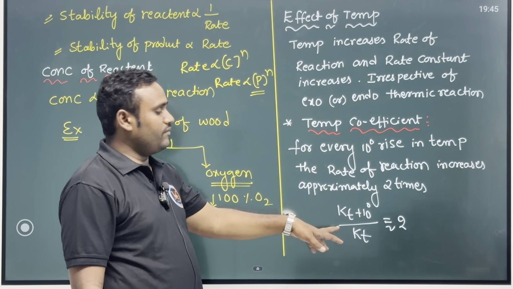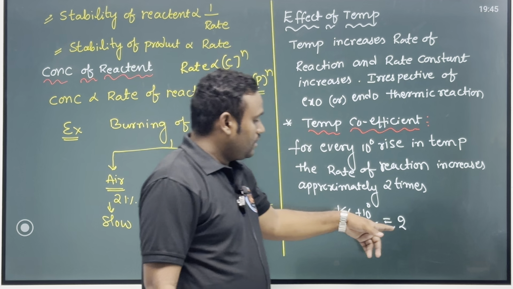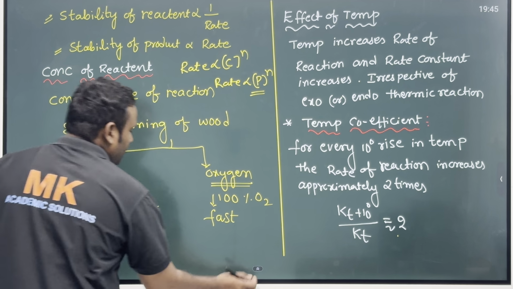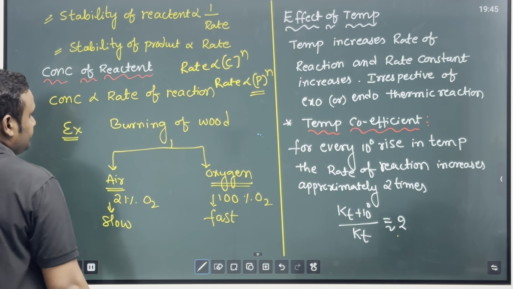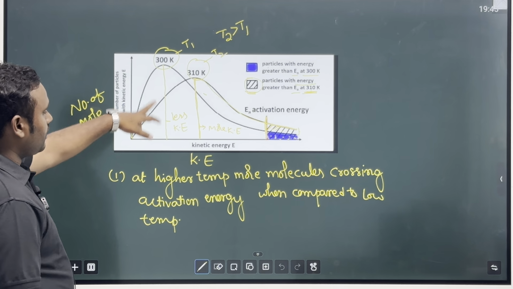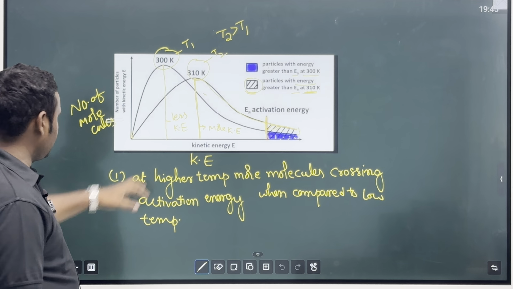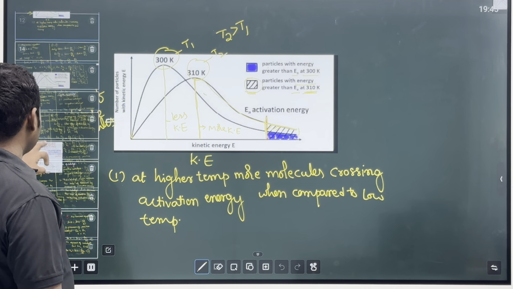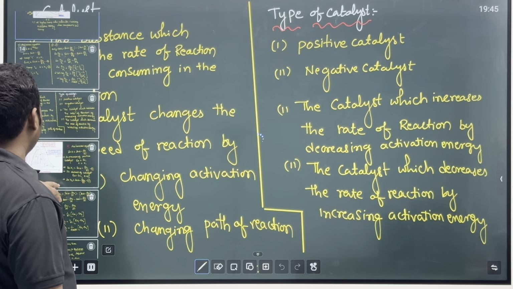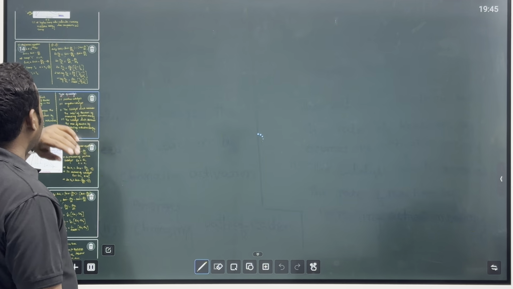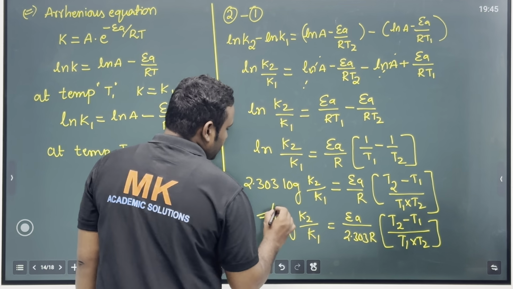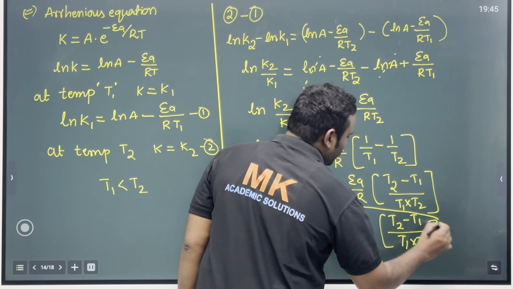Temperature coefficient: for every 10 degree rise in temperature, the rate constant increases 2 times, like that. Next, we had the discussion on the graphs. I have explained these graphs. And next, the Arrhenius equation for temperature variation. This is the Arrhenius equation. This is the important thing you need to remember.